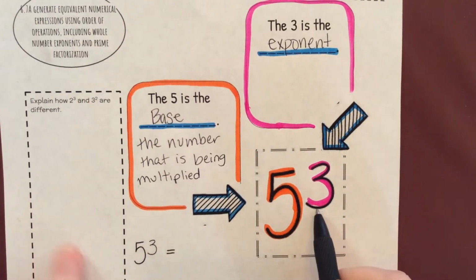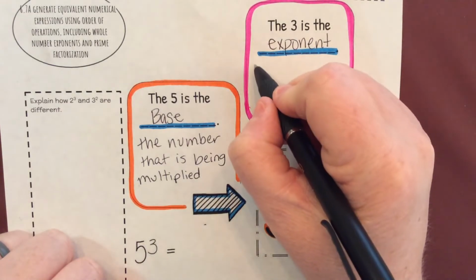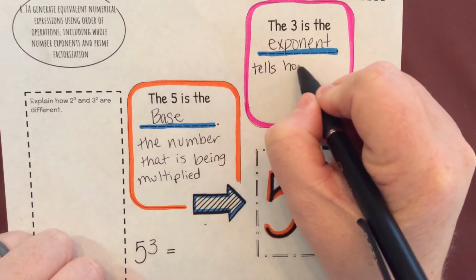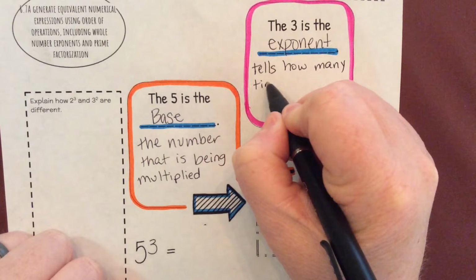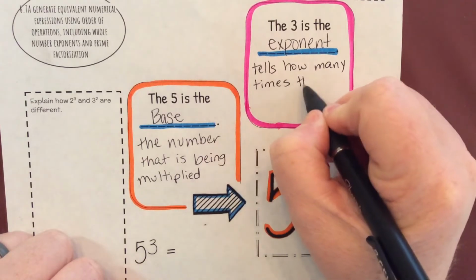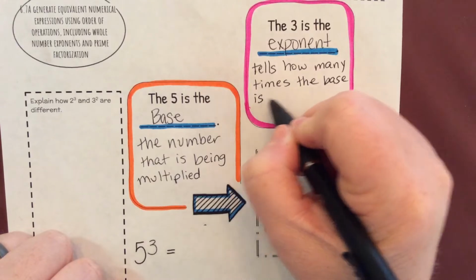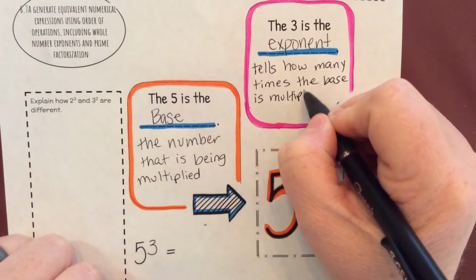The exponent is how many times you multiply that base by itself, okay? It tells how many times the base is multiplied, or how many of those numbers there are, okay?